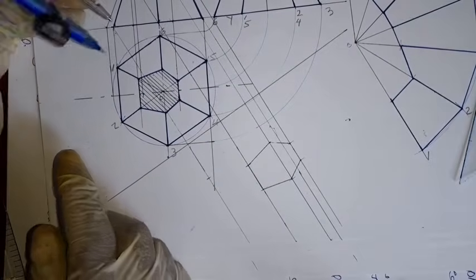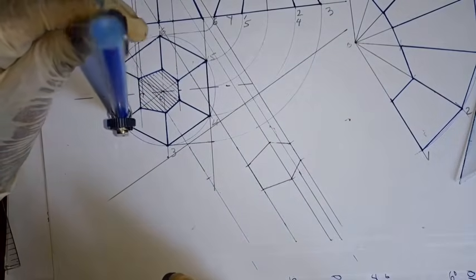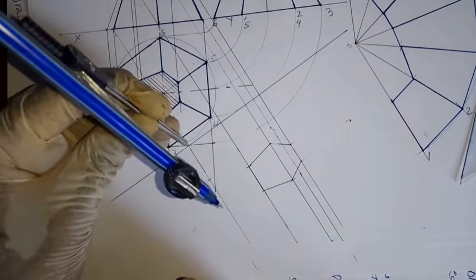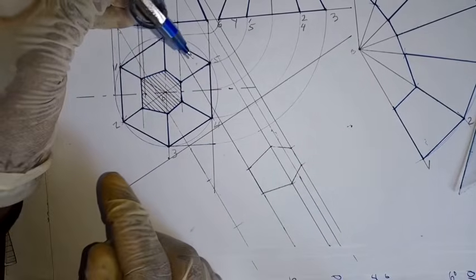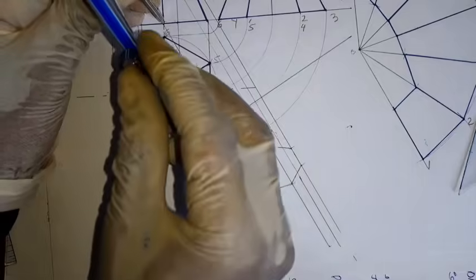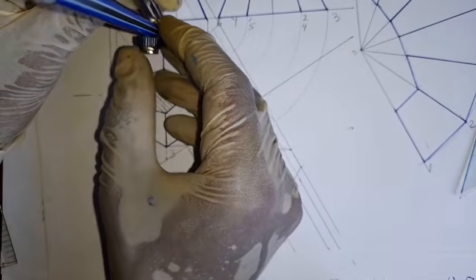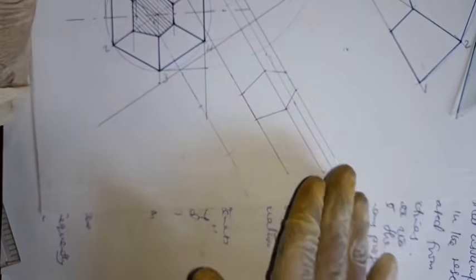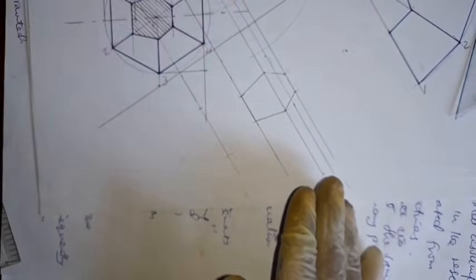Next is this, come on same, cut. Next is this, they are number 6. Number 6, come and cut. Next is number 3.